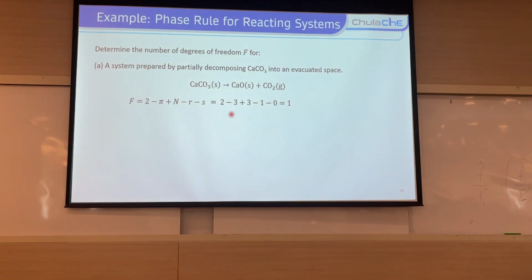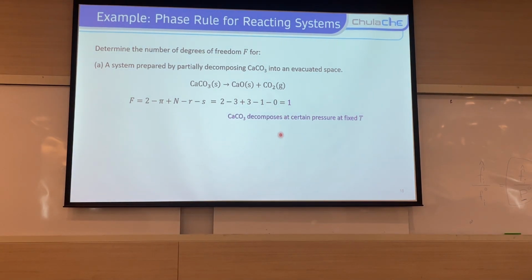So in this system, you have 3 phases. So 2 minus 3 phases plus 3 components, 3 species, and minus 1 reaction, and no other constraint. So you have 1 degree of freedom in the system.